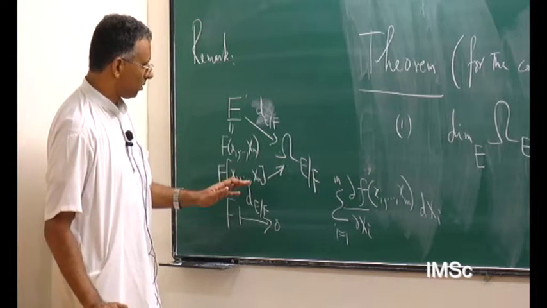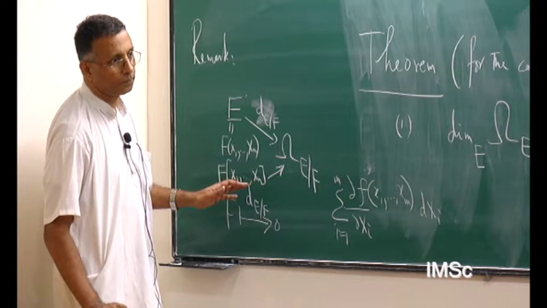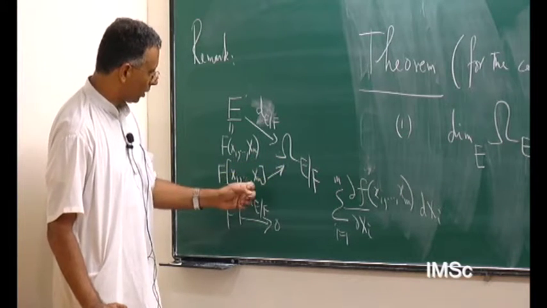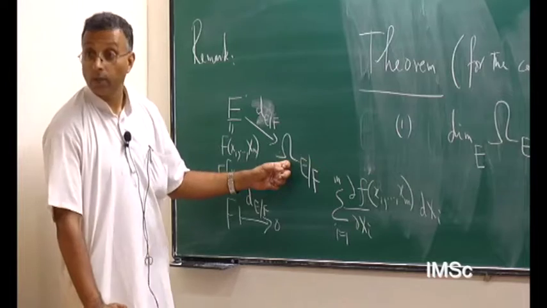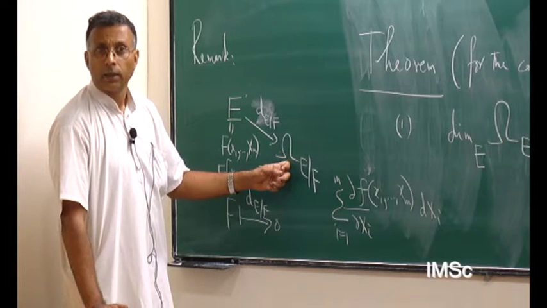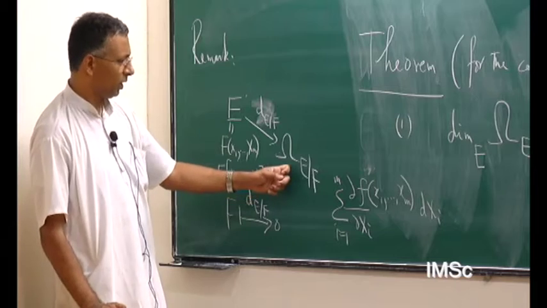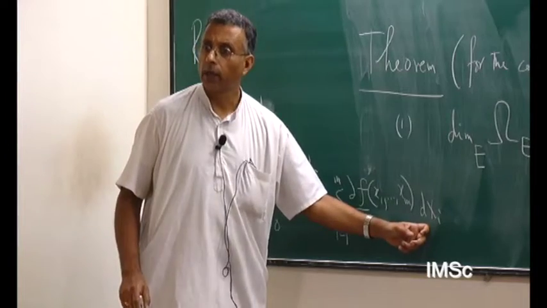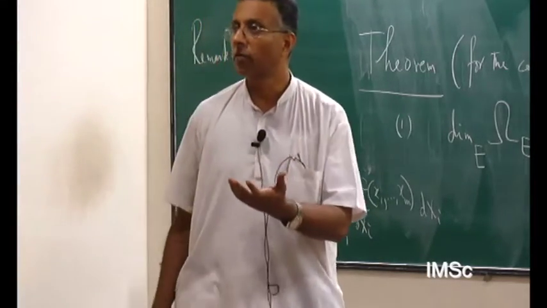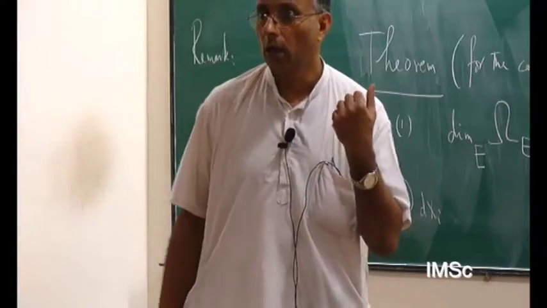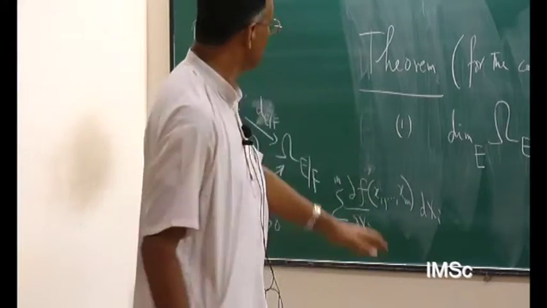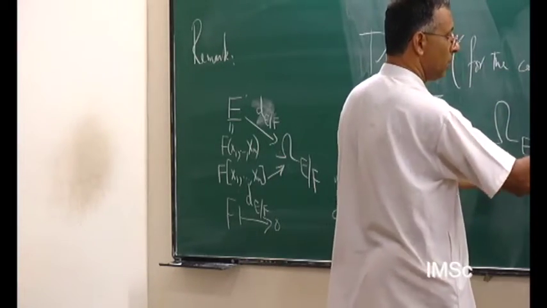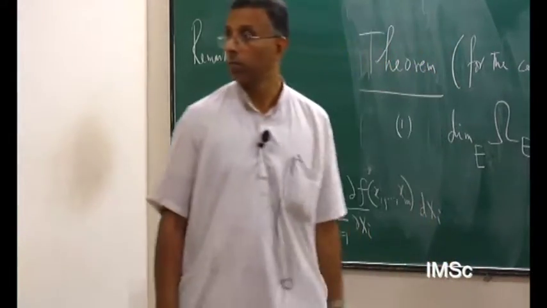Well, I want to say that this as an E module is determined by the images of these, and from that it's clear that the dx1 through dxm form a spanning set for that vector space. Okay, so indeed this is at most m. So this is less than or equal to m, that we know.